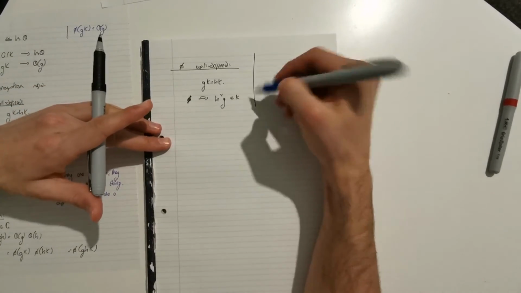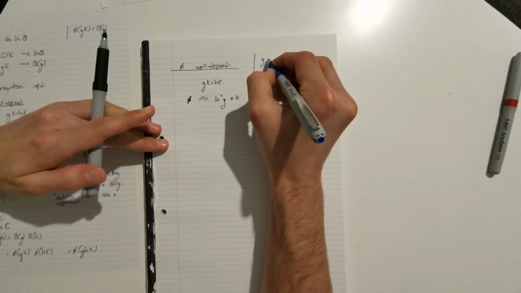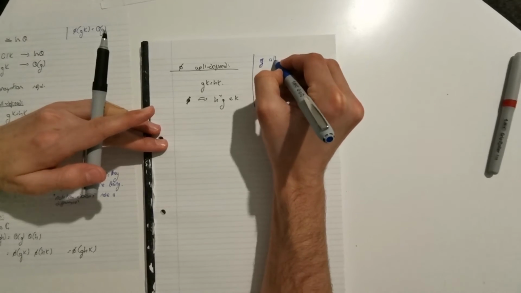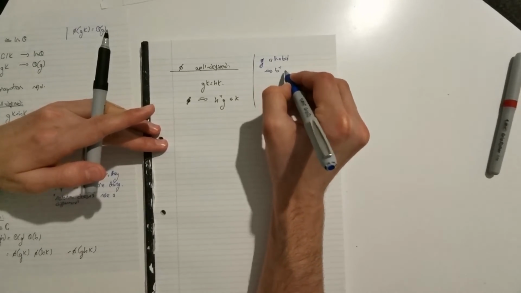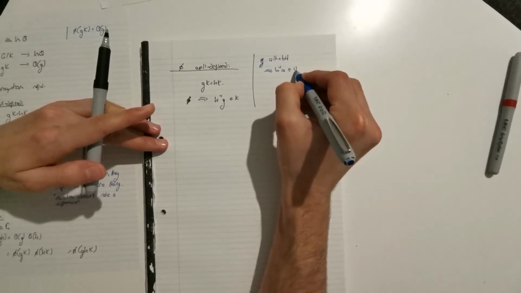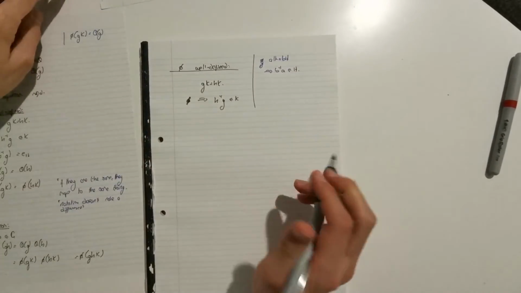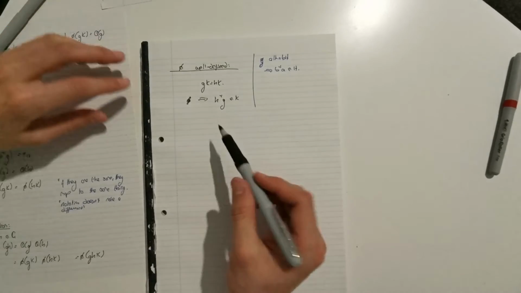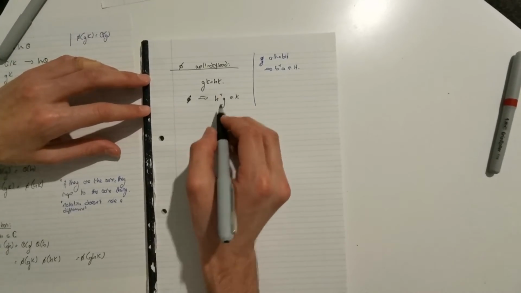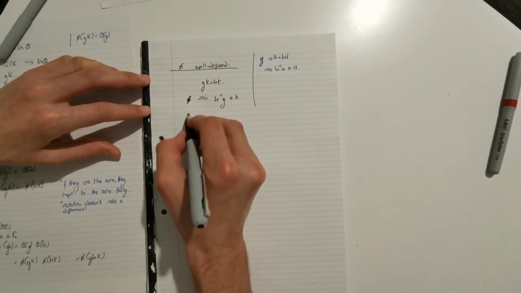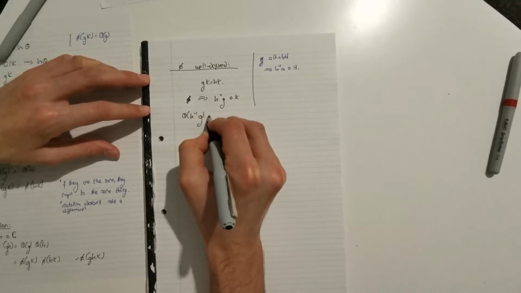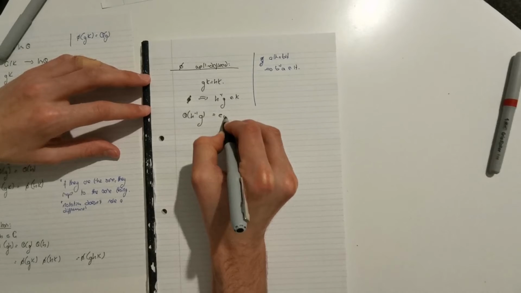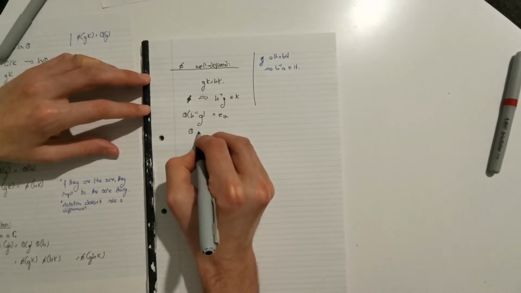I just used an important result here. So if aH is equal to bH, then we have b minus 1 a sits inside H. This is just something you need to know. Yes, so we have this. And because h minus 1 g sits inside K, which is the kernel, by definition we have theta of h inverse g is equal to e_H.